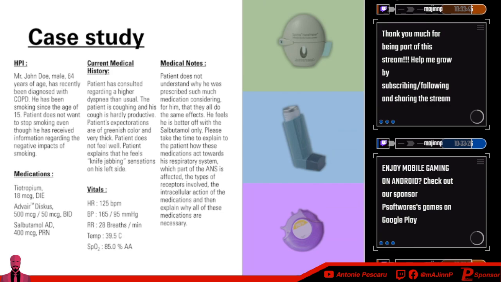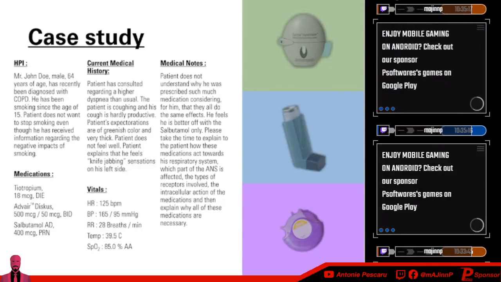Aerosol doser form, meaning that it is an inhaler. 400 micrograms pro re nata, meaning only taken if needed, in case of, or whatever type of naming convention you may want to have. It is just taken when needed for the patient.